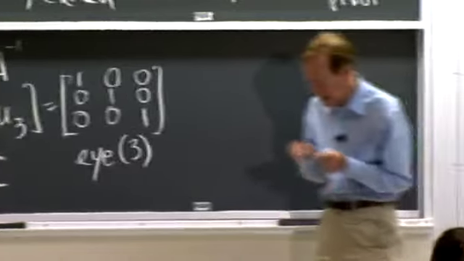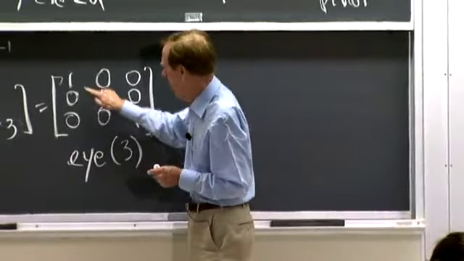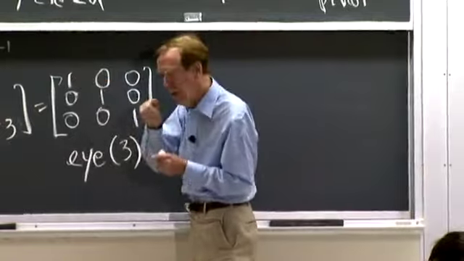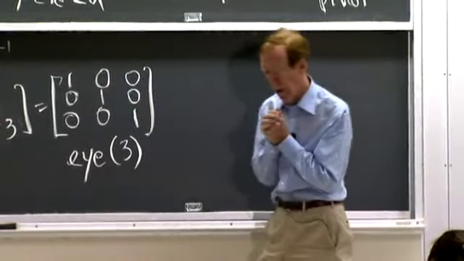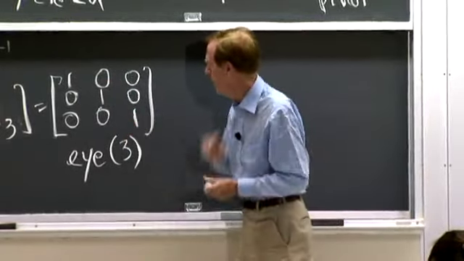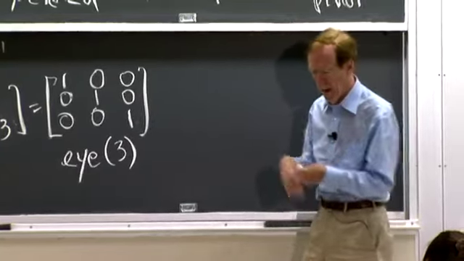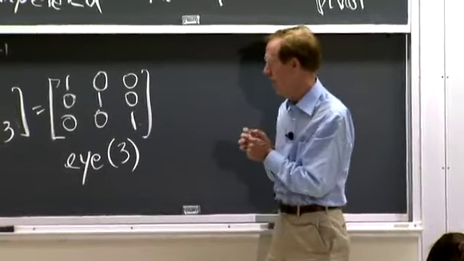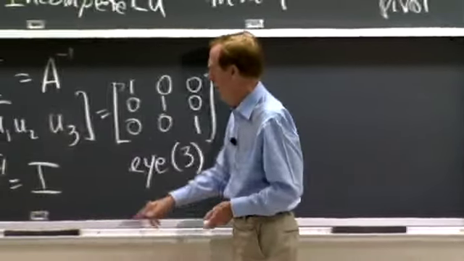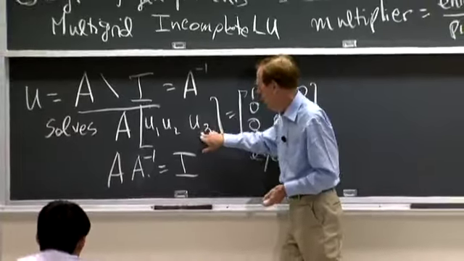That's an impulse, a delta vector with an impulse in the first component. I'd call that an impulse in the second component. I'd call that an impulse in the third component. So my inputs are 3 impulses, and my outputs are U1, U2, U3.